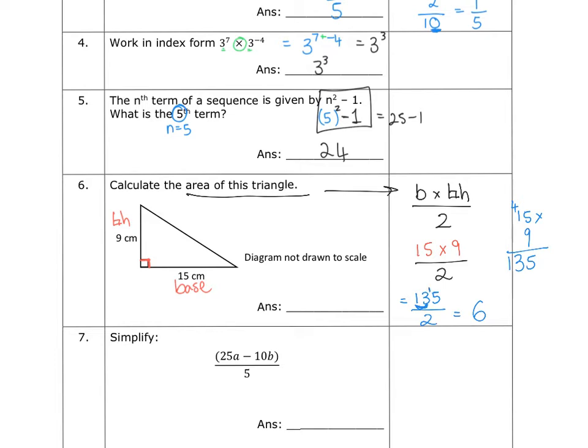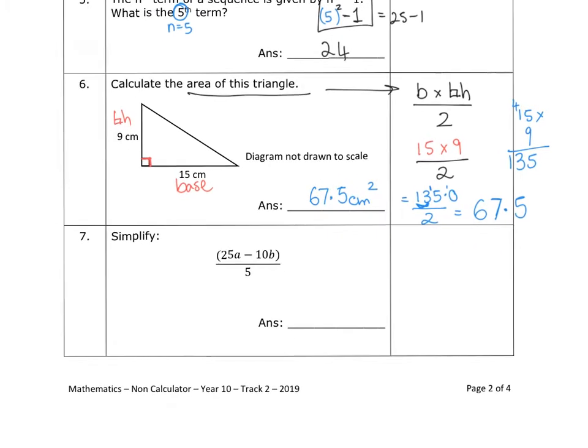Remainder 1. 2, 4, 6, 8, 10, 12, 14. So we have 67.0, and that is 0.5, because 2 and 10 is 5. So 67.5 centimeters squared. So that took a little bit more time than the others, okay?